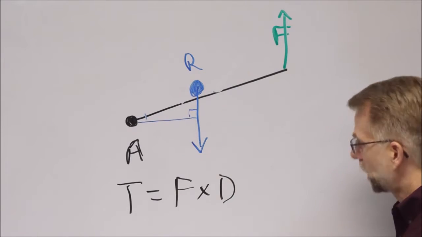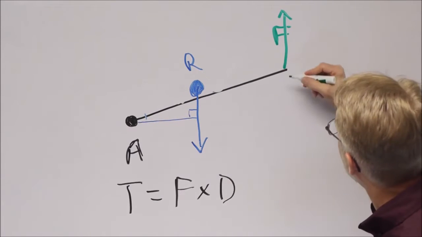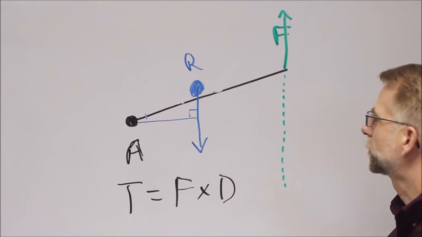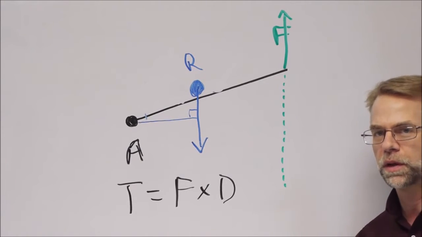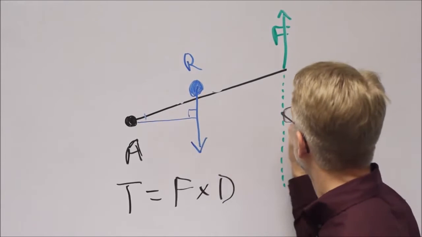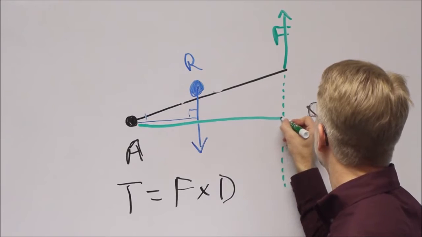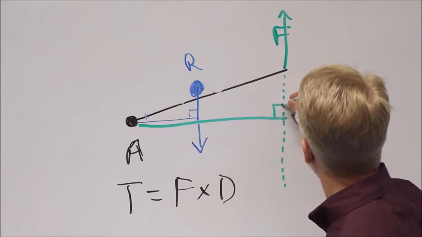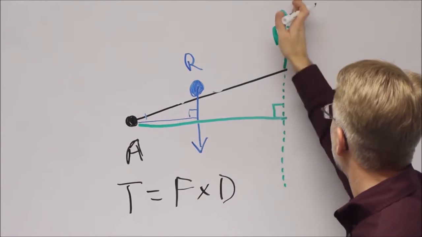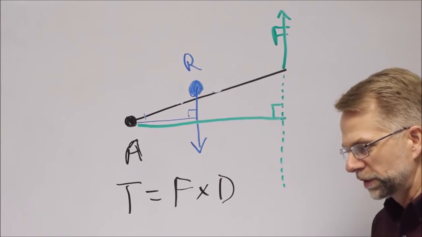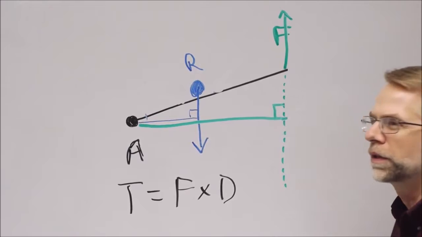In the case of the force on the end over here, we have to extend it down a little bit so that we can draw a perpendicular line to the axis. But once we've done that, then we can also draw a perpendicular line from the axis to this line of force expressed by, for example, somebody pulling up on the handles of the wheelbarrow.